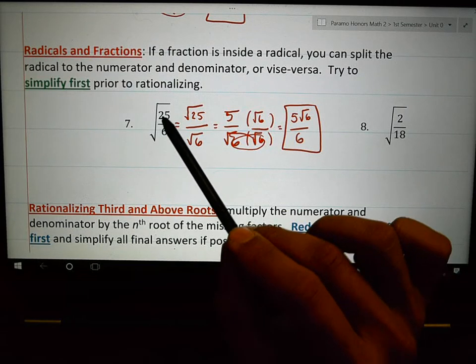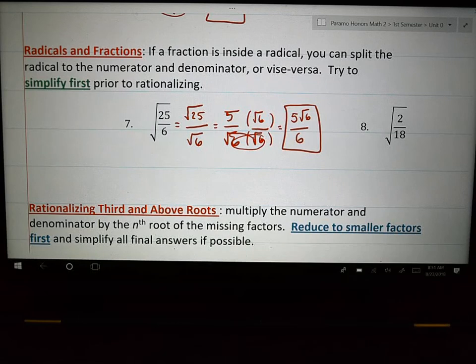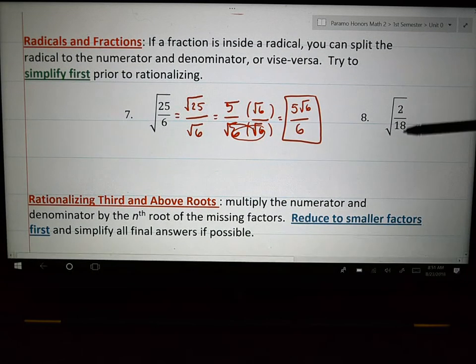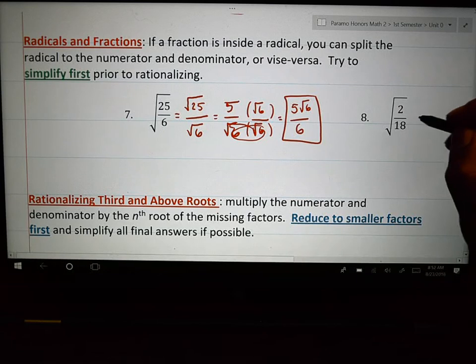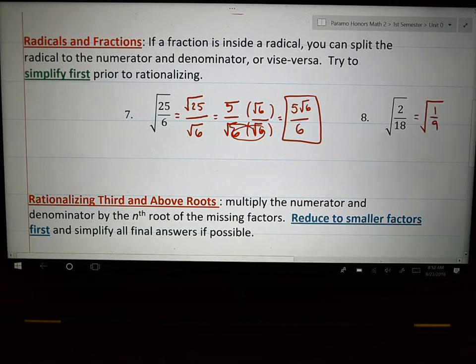If you can simplify it, always simplify it first. Does 2 over 18 reduce at all? What does it reduce to? So that is the same exact thing as the square root of 1 over 9. Now, if you did this in a different way, that's okay. I'm going to show you the shortest way, and then I'm going to show you the longer way that I saw some of you do.